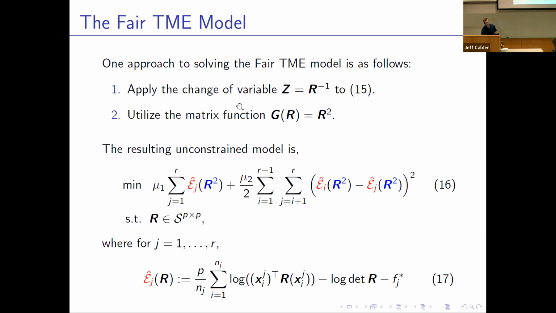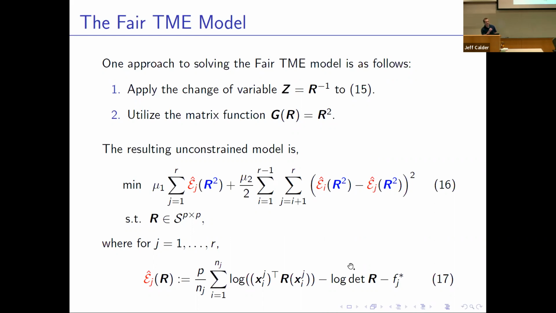The reason we do this change of variable is that, and I've slightly changed the way my functions E look, so it's E hat now, this term becomes a barrier function. So now if R had determinant 0, you have infinite penalty here. And I'm minimizing this function, so I'm not going to allow R to have determinant equal to 0.